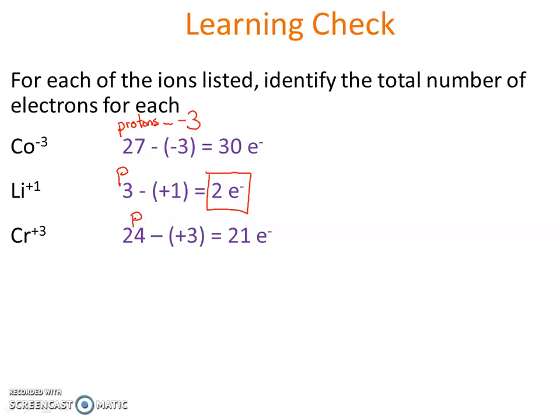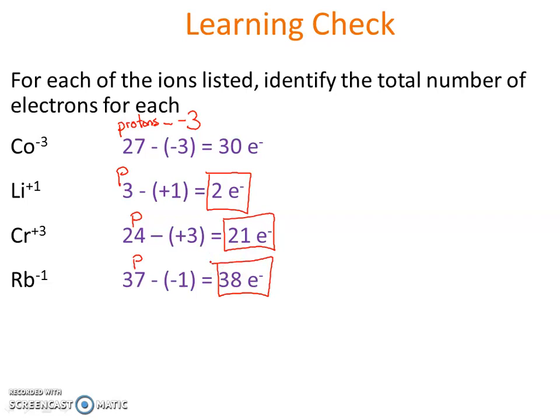The +3 charge, if we subtract the positive 3, we end up with 21 electrons. There are 3 more positives than there are negatives. Rubidium, 1 negative. Rubidium is number 37 on the periodic table, so there are 37 protons. Subtract the -1, which means we have 1 extra electron, giving 37 protons plus 1 electron is 38 electrons.